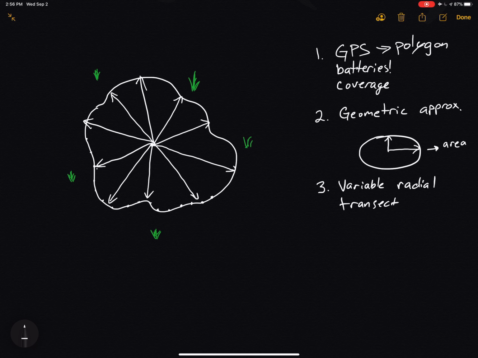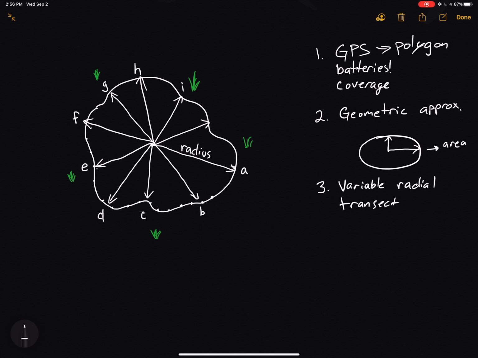So for each one of these radii, we're just measuring two things, and I'll label each one so we can kind of track it as we go. This first one is going to be radius A, B, C, D, and so on. In this case, clockwise, although it doesn't particularly matter which way you go, as long as you're recording them in order.